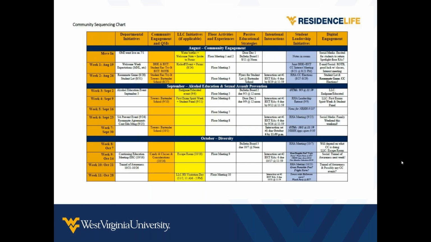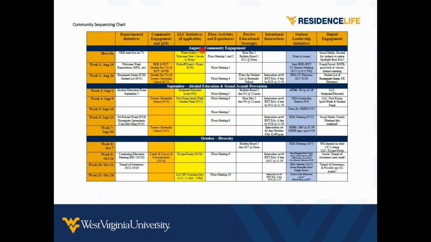So in addition to the community plan, each residence hall coordinator also created their sequencing chart. So this is how they outlined the things they were going to do in their hall. It's a little bit of a scaled down version of the larger departmental map that you saw a little bit earlier, but each residence hall knew what the actual departmental initiatives were for a certain month, and then they met them by engaging in these different learning strategies.